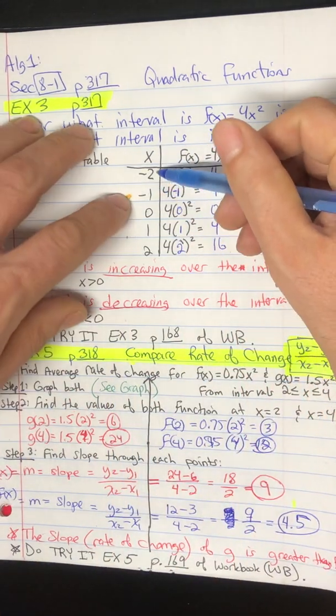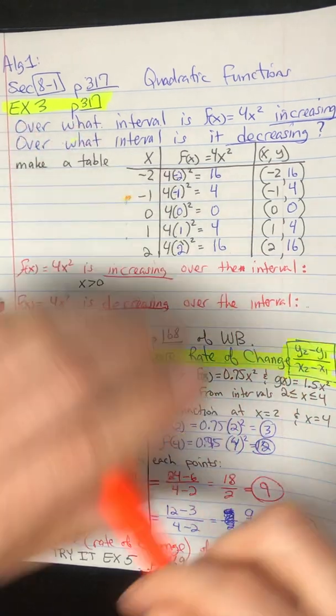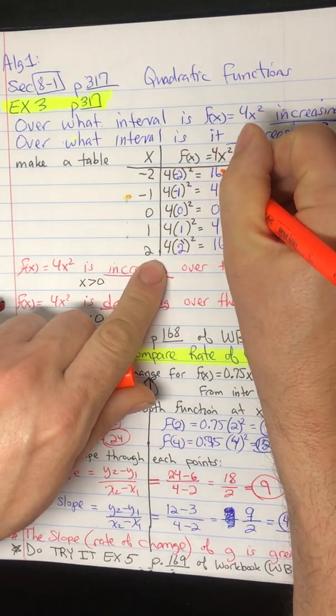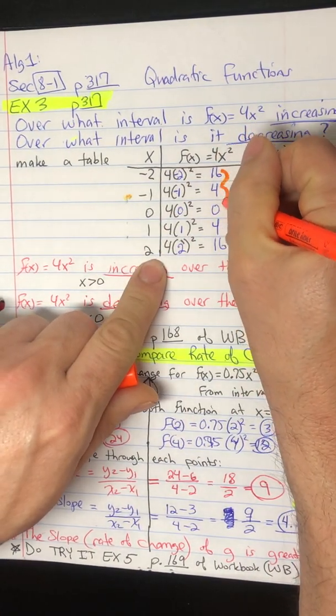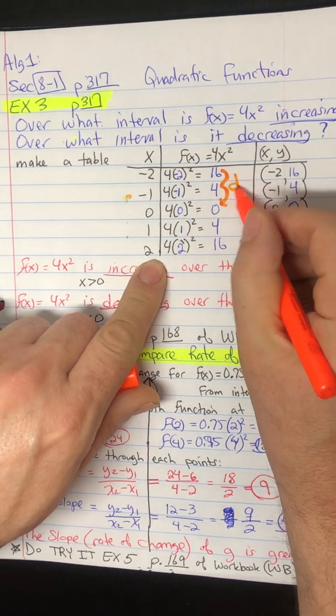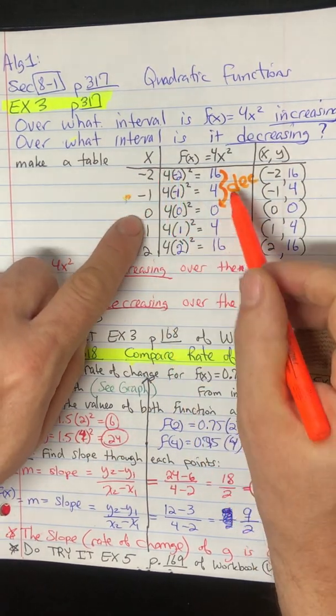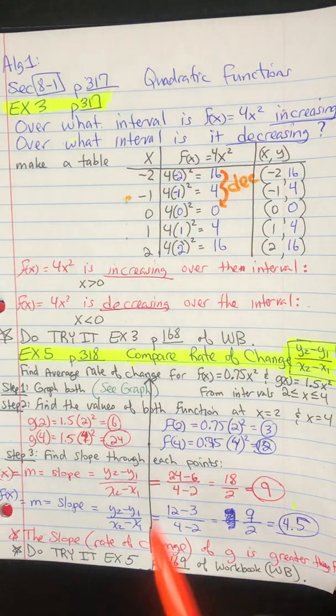So we're going to look over here. From here to here, 16, 4, 0. That's decreasing. The numbers are decreasing. Over what intervals is it decreasing? Over what intervals is it increasing?